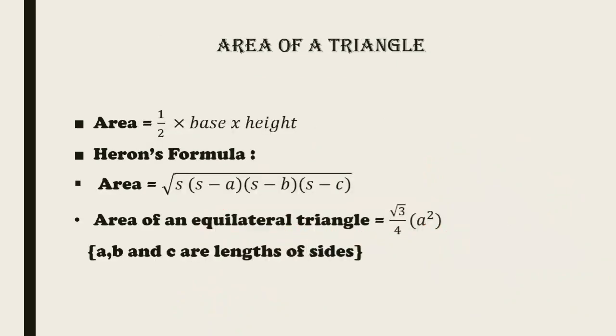Now let's see how we get the area of a triangle. The area of a triangle we get by the formula half into base into height. What do base and height mean? You all know. Here, if we have a triangle PQR, then this PQ is base.